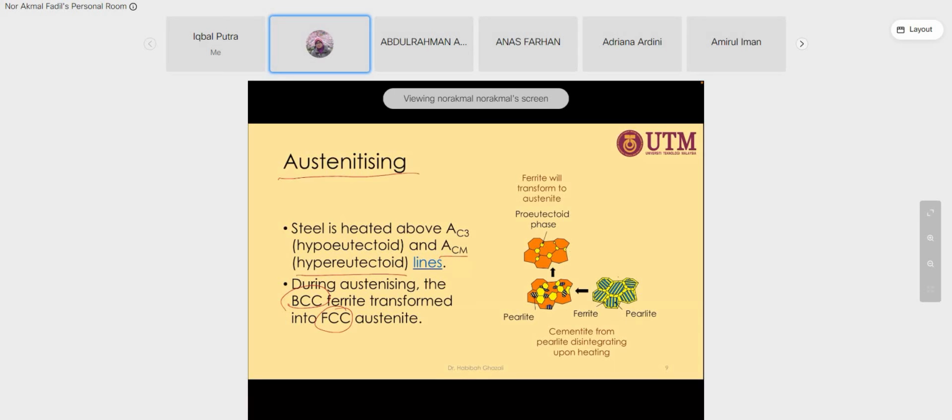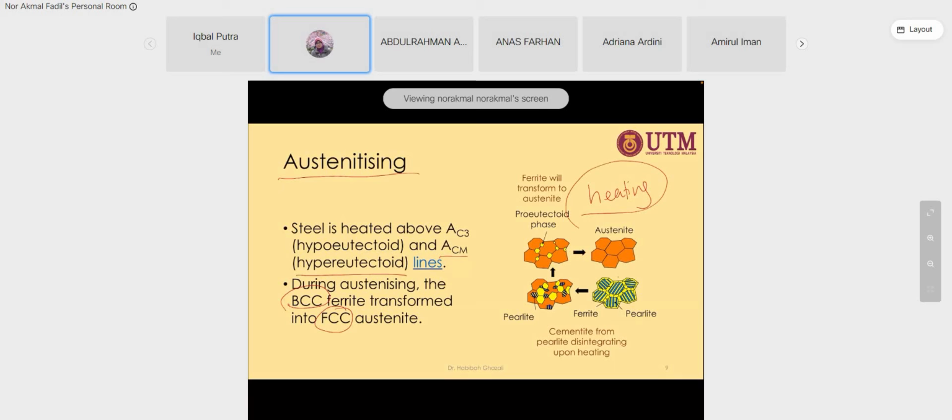Ferrite will transform into austenite slowly, and then you will obtain austenite. This is during the heating process.